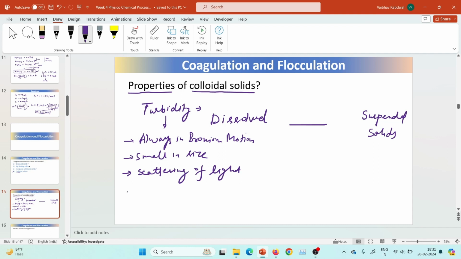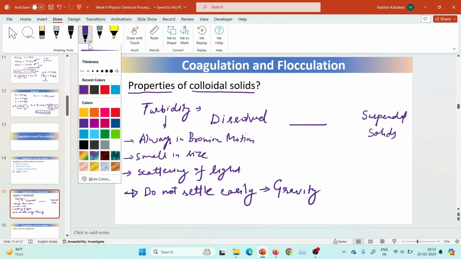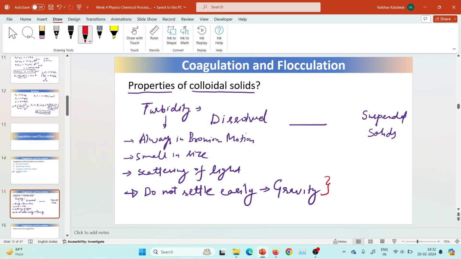And one of the most important things for this section is they do not settle easily under the effect of gravity. This is the important point. These are the properties of colloidal solids.